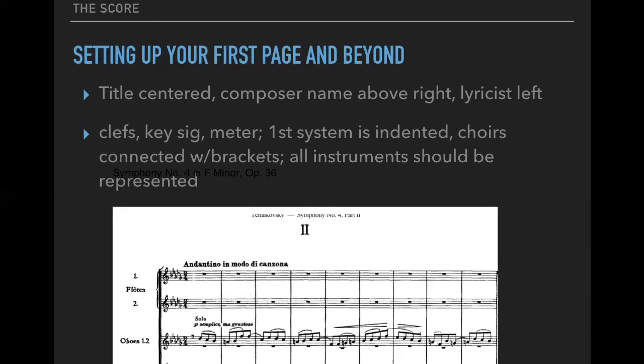That's especially for the conductor who's used to seeing all of the instruments. Of course, there are exceptions. Let's say if you have a long cadenza for a piano solo or something to that effect, then you might simplify on certain pages.